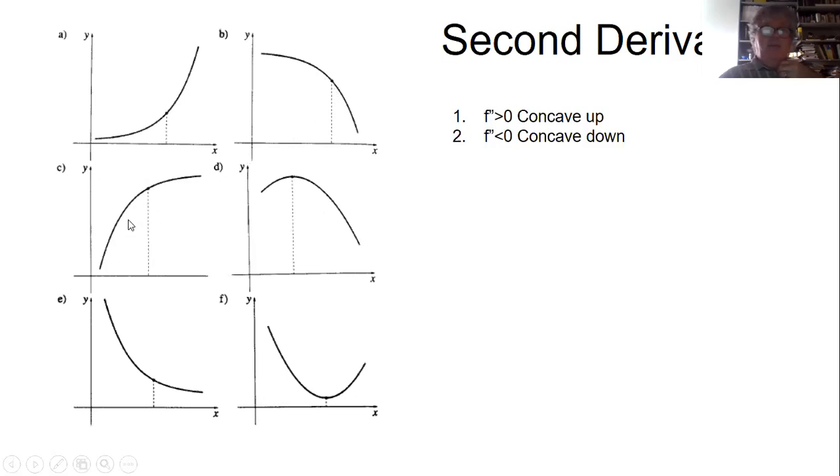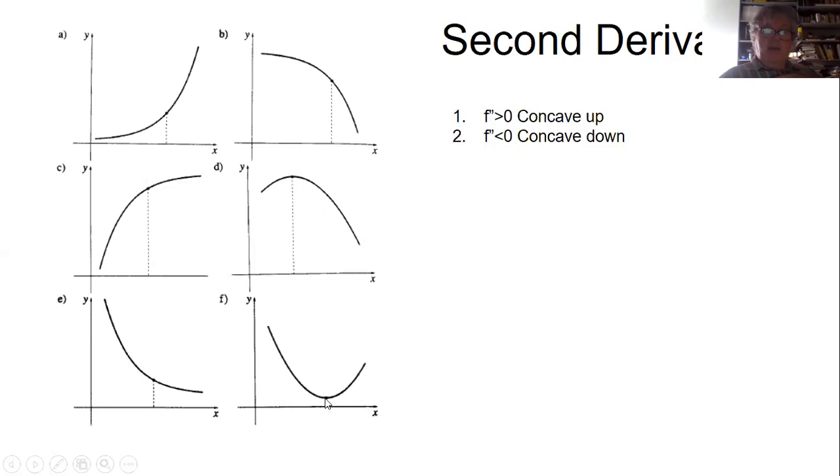Here, again, it's increasing, so the first derivative is positive, but now the second derivative is negative, because it's concave down. Here, the first derivative is 0, because we're at the top of the hill, but the second derivative is negative. Here, the first derivative is negative, but the second derivative is positive, because it's concave up.